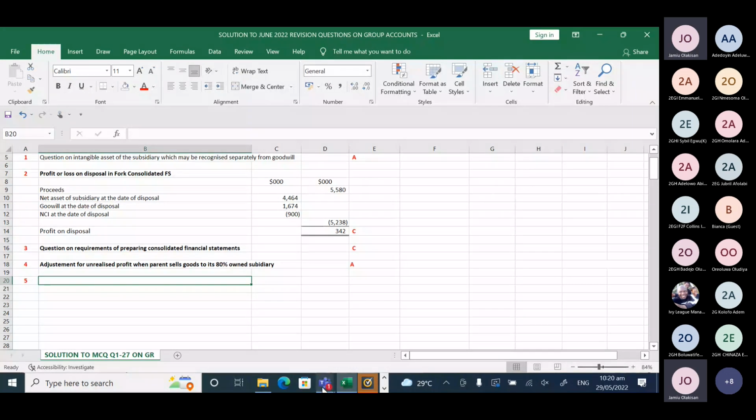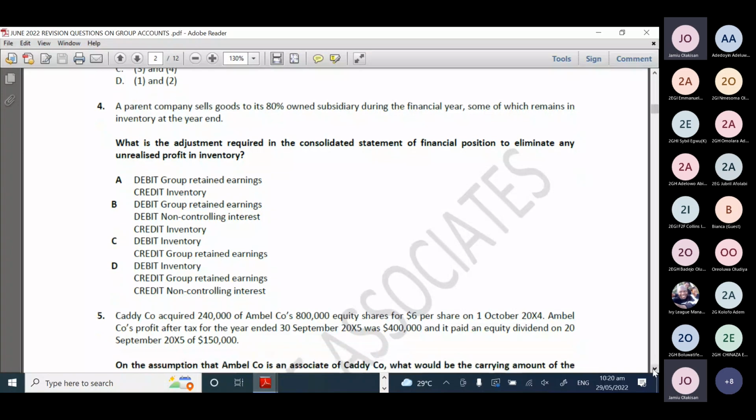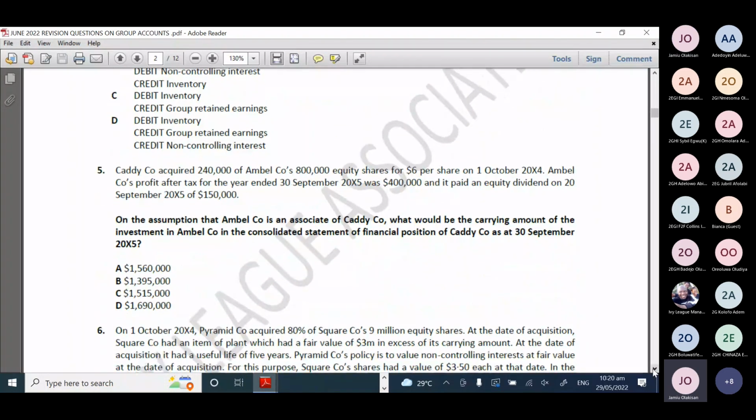Okay, question 5. Cadico acquired 240,000 of Ambelco's 800,000 equity shares for $6 per share on 1st October 20x4.